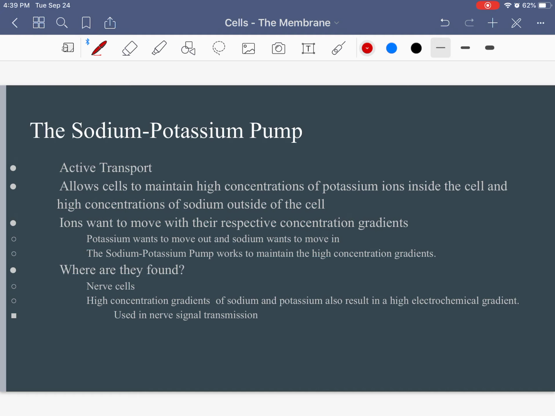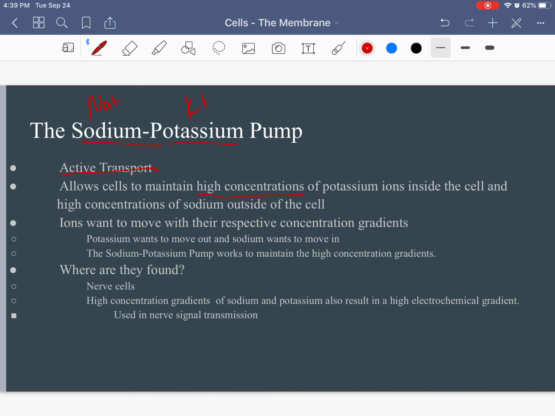So specifically talking about the sodium-potassium pump, we're moving sodium and potassium ions, Na+ and K+ ions, through active transport. And it allows us to maintain a high concentration of potassium ions inside the cell and a high concentration of sodium ions outside the cell.